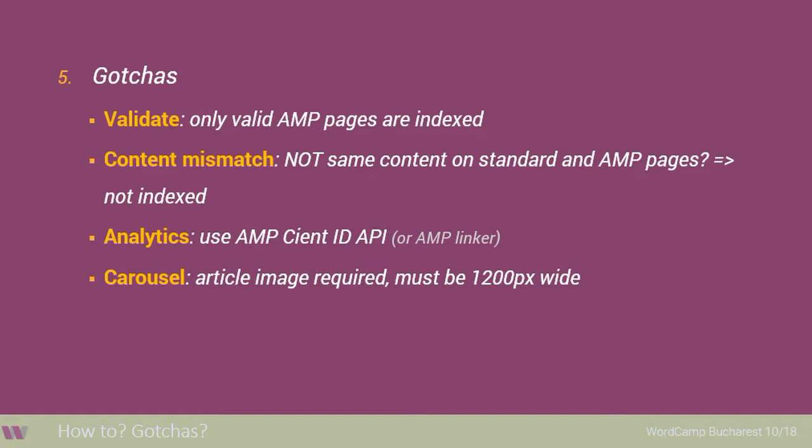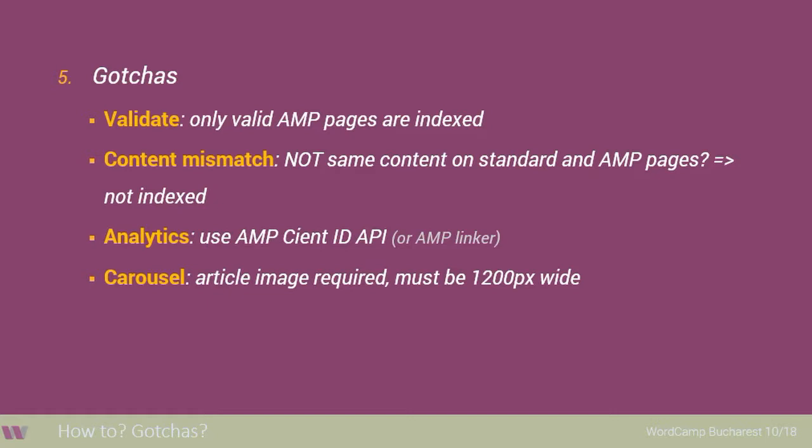That's very important. If your pages are not valid, it's just like you're not doing AMP. You're wasting your time. The second thing is content mismatch. It's a relatively new thing. It happens when you have an alternate, a paired implementation, and your AMP pages do not have more or less the same content as the original pages.